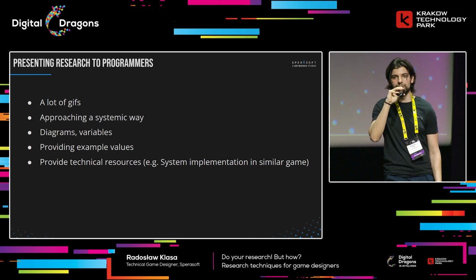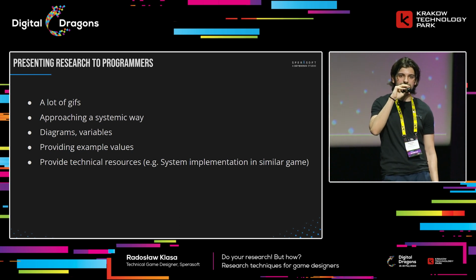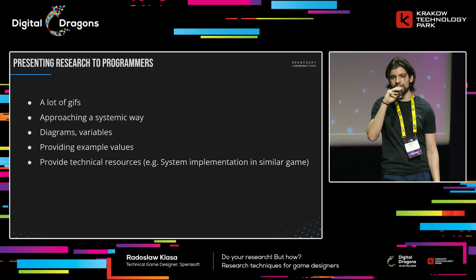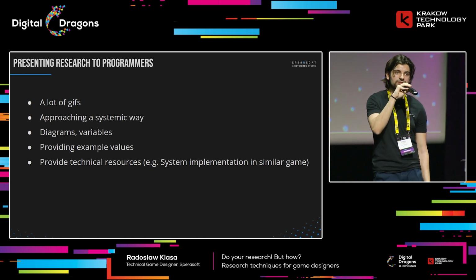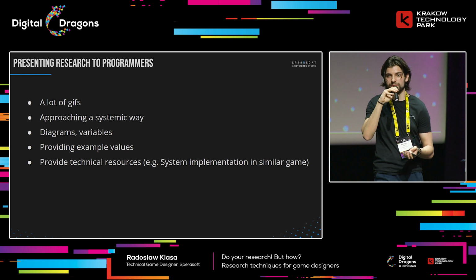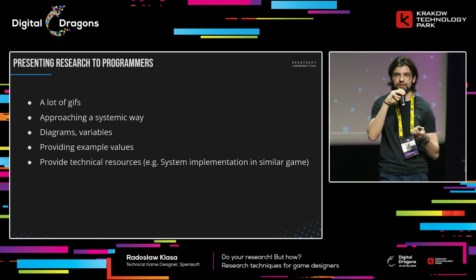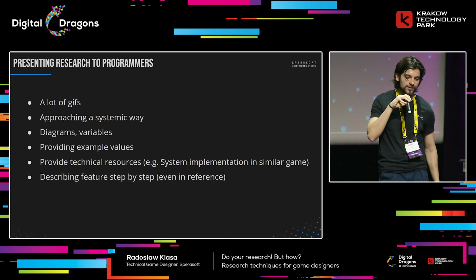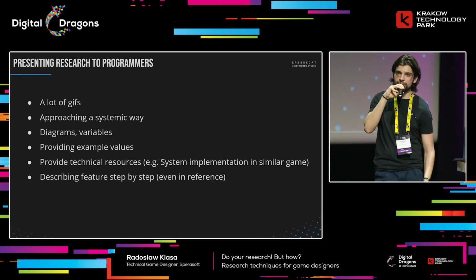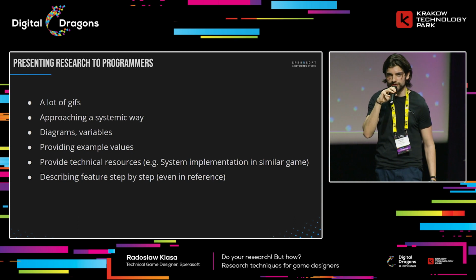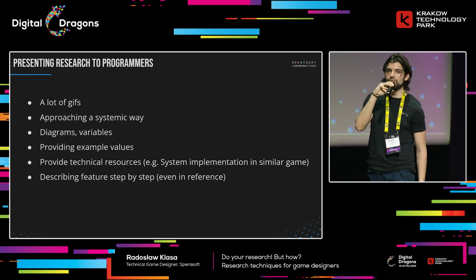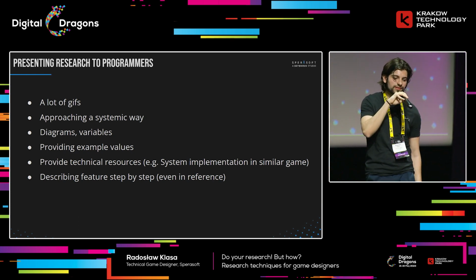So again, we can look at GDC Vault talks and see how their system worked, get it to the programmer, and he can use it in his own way. And it's really important, especially if you're making a completely new feature, to give instructions step by step.